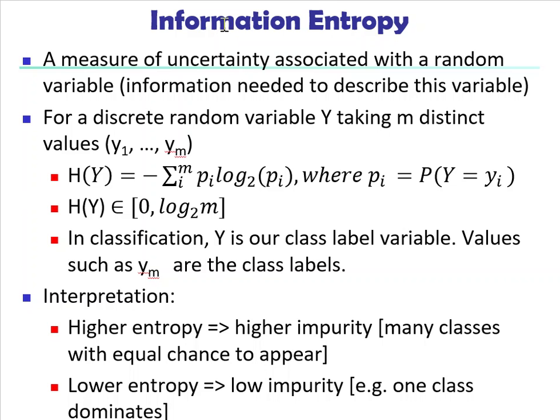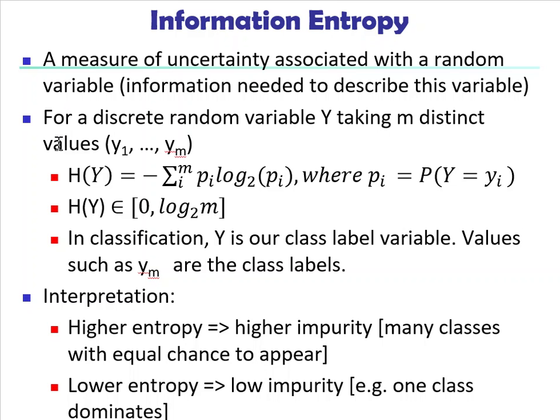Information entropy is used widely in many disciplines, but here in machine learning and data mining, specifically in classification problems, we use information entropy to measure the uncertainty associated with a random variable, in this case, our class label.